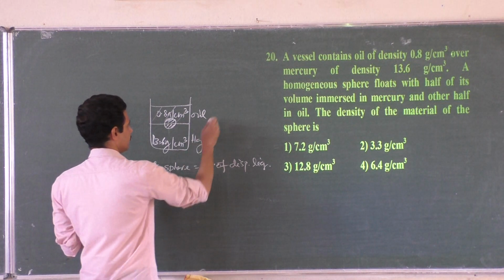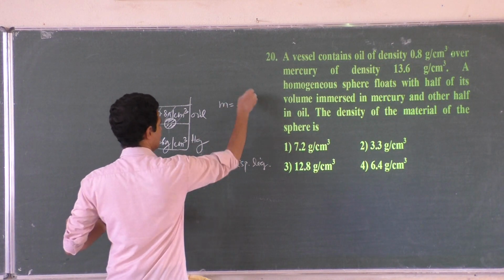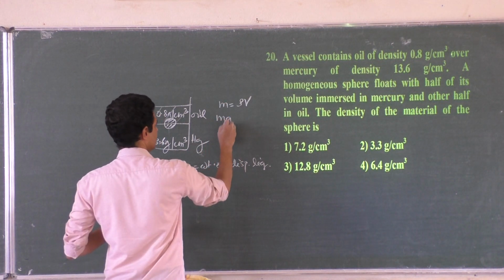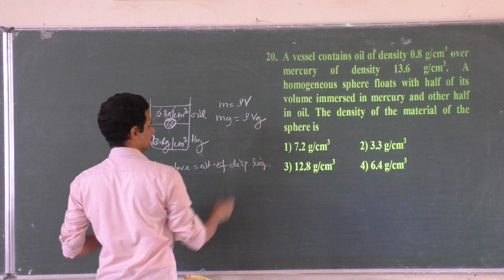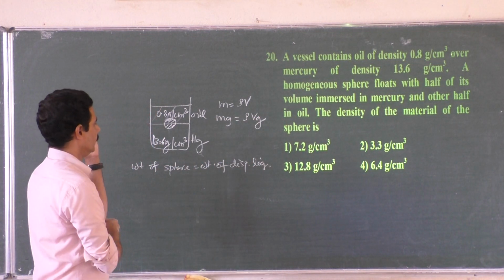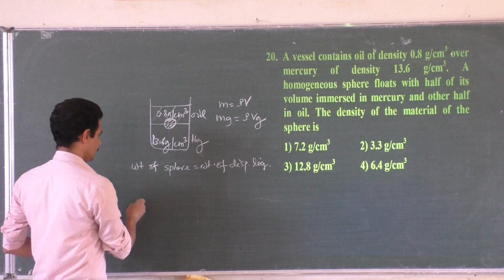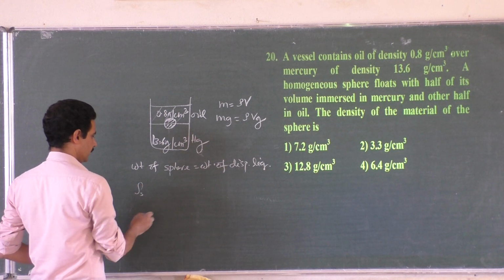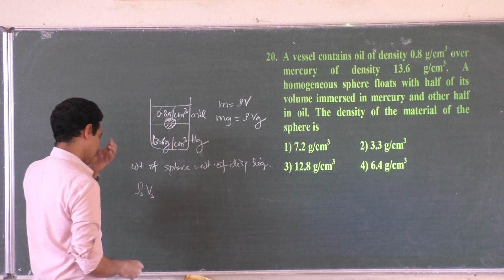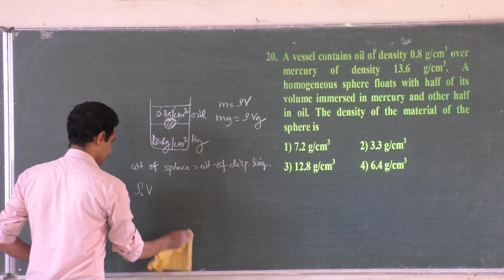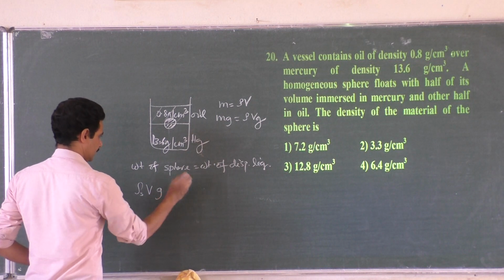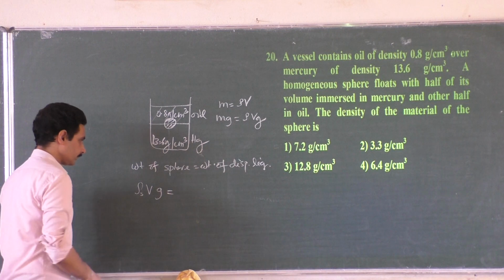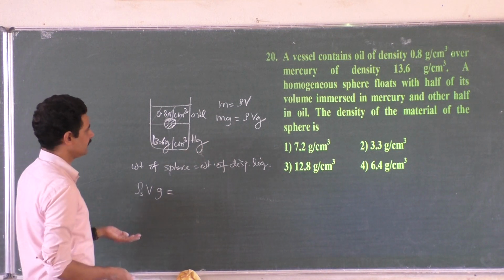If I use mass, I can write it as density into volume, or for weight, density into volume into g. So the density of the sphere, into the volume of the sphere, which I will take as v, into g, is equal to the weight of the displaced liquid.